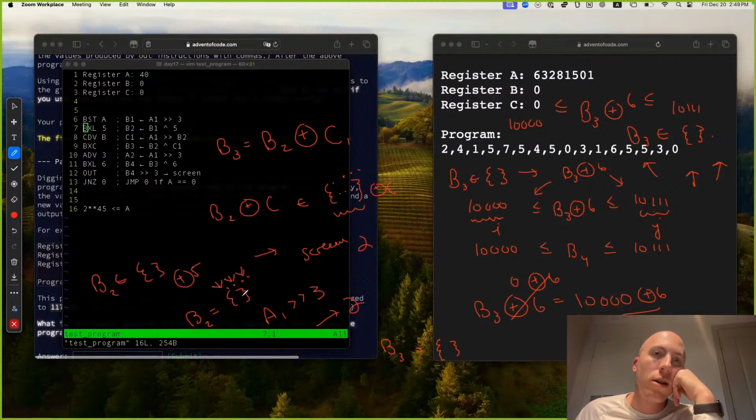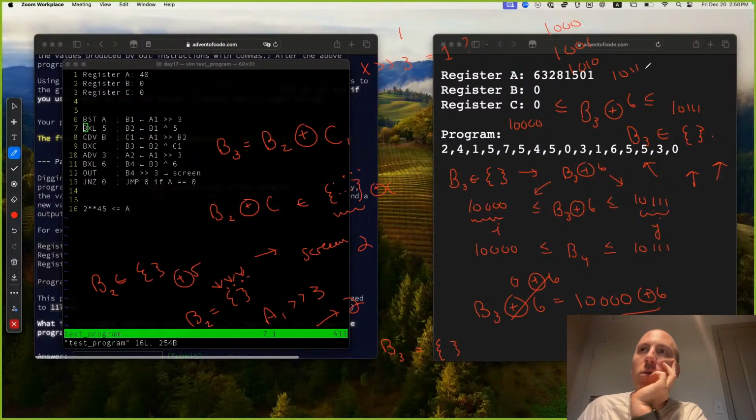If we've got just 1 in here, then what numbers, when you bit shift them by 3, will give you 1? Well, 1000 will do that, 1001, 1010, 1011, 1100, 1101, 1111, all these.